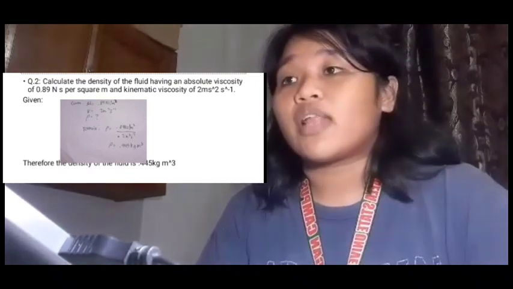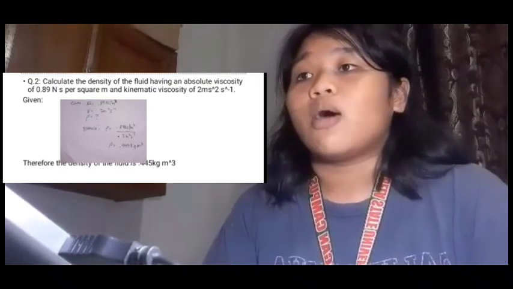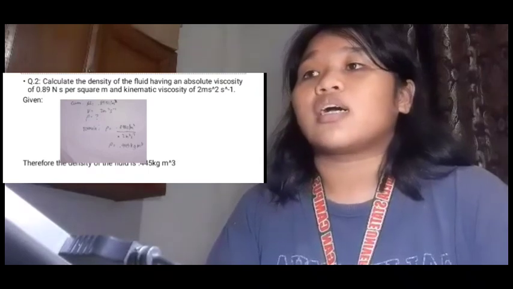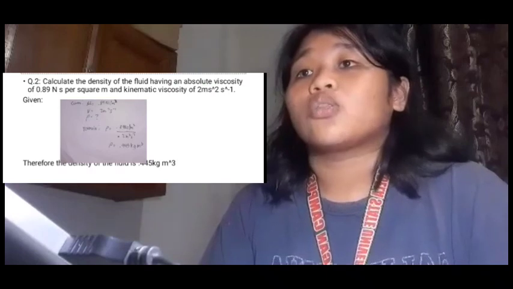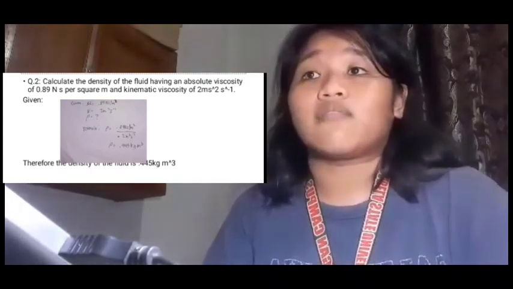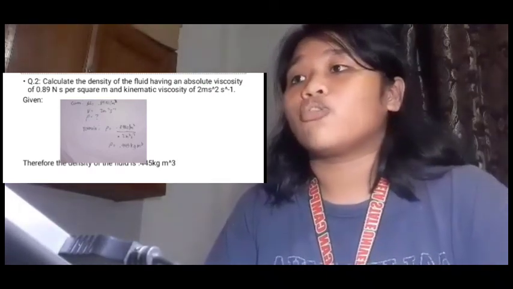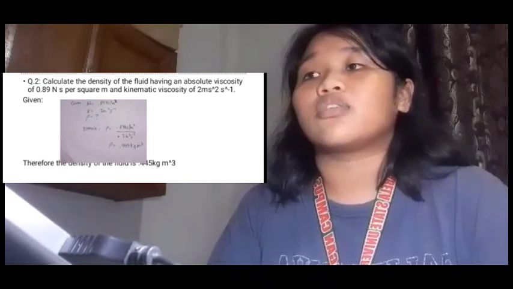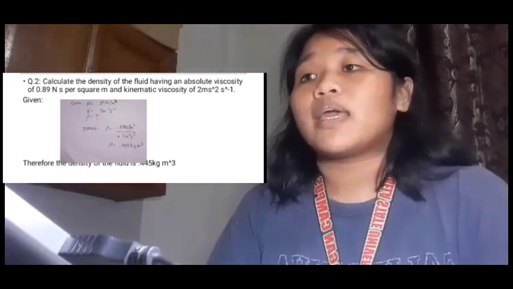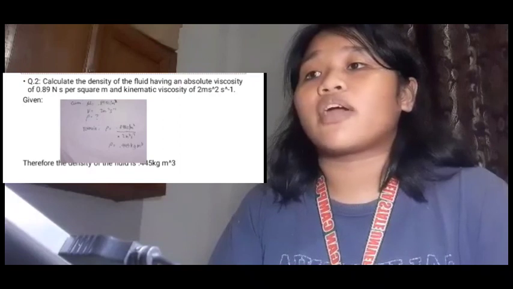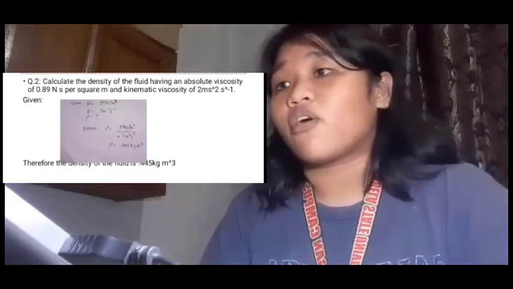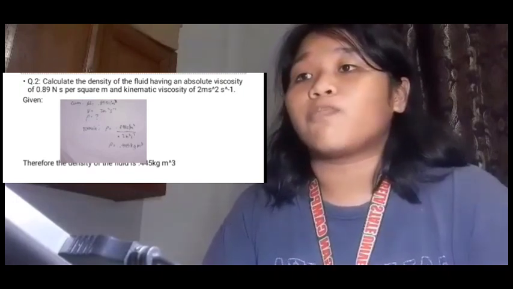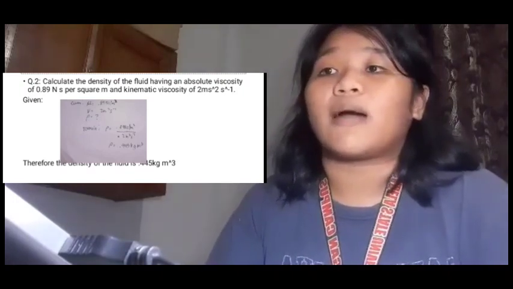So, ang formula is rho is equals to 0.89 Newton seconds per square meter over yung kinematic viscosity natin, which is 2 meter square seconds raised to negative 1. So, rho is equals to 0.445 kilogram per meter cube. Therefore, the density of the fluid is 0.445 kilogram per meter cube.